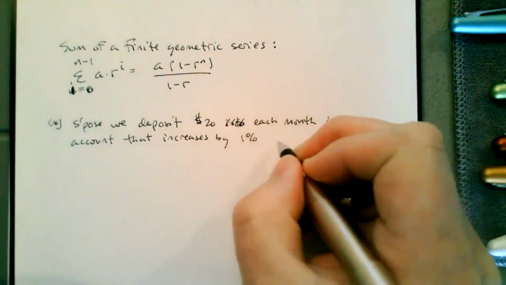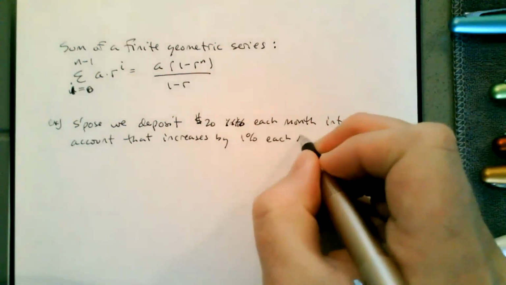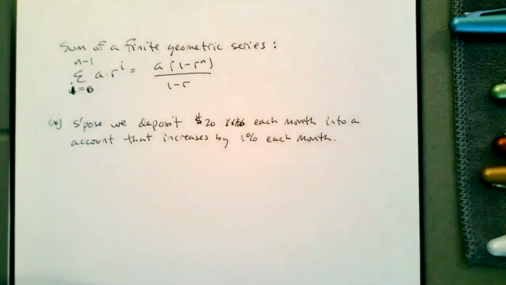I know that that's ridiculous, but it's easy to modify. Let's suppose that we deposit $20 each month into an account that increases by 1% each month.